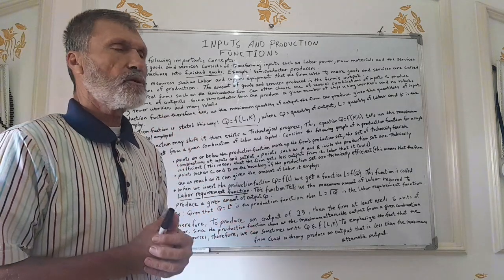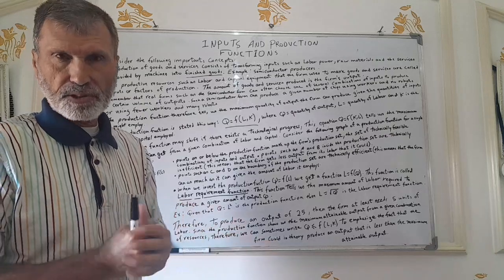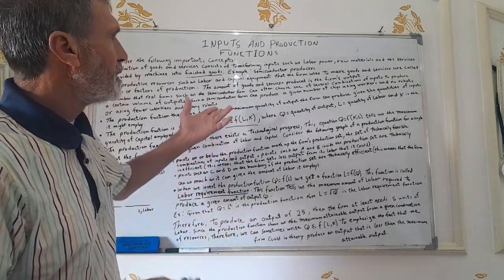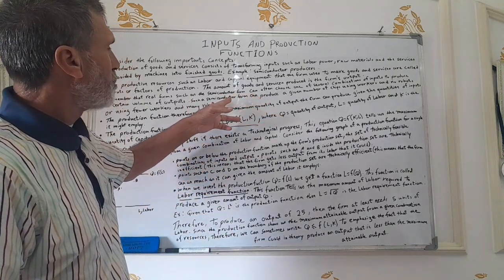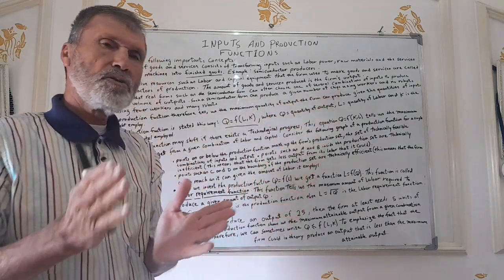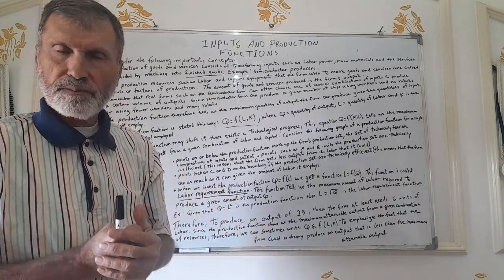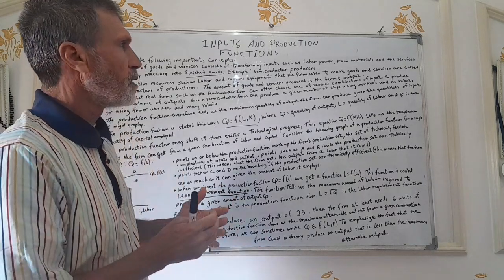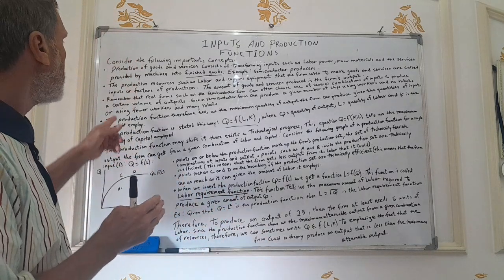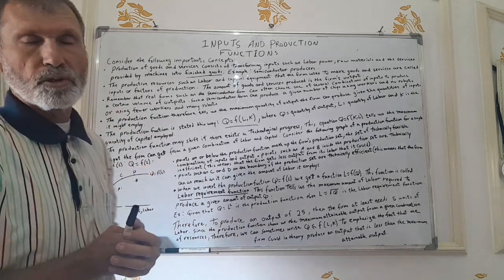For instance, if that semiconductor firm wants to produce a given number of chips, they can do that using, of course, workers and no robots. Or they can use a few workers with many robots.